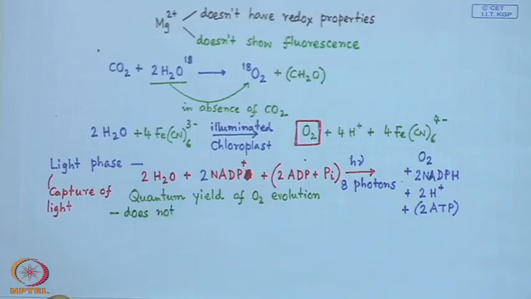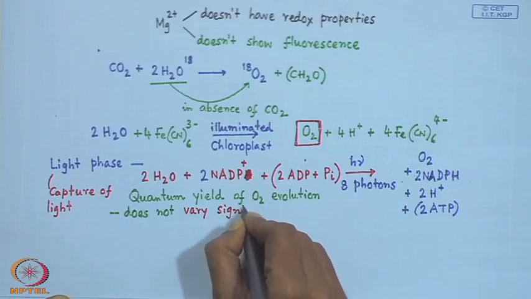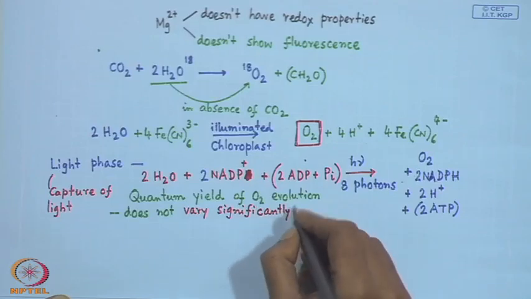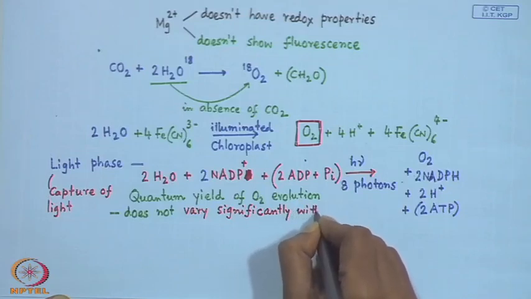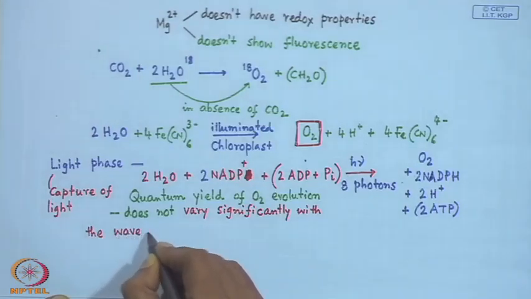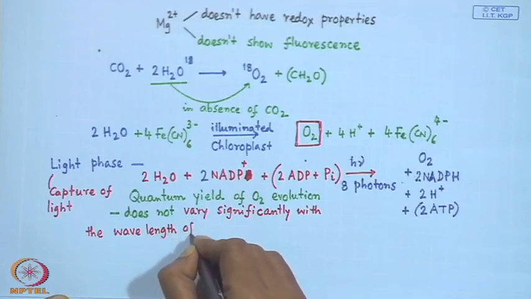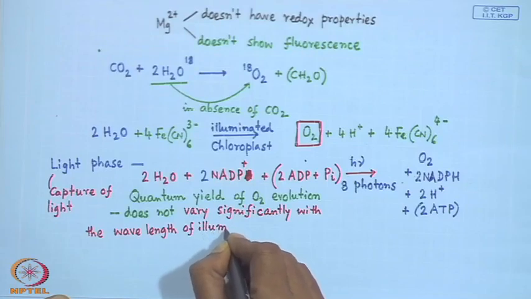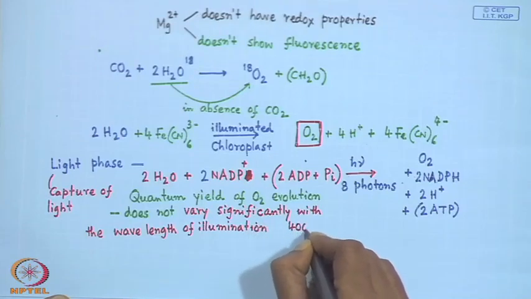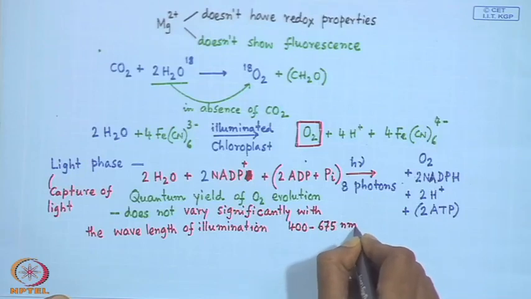The quantum yield does not vary significantly with the wavelength of illumination, in the range of what we are basically looking for, in the range of 400 to 675 nanometer.